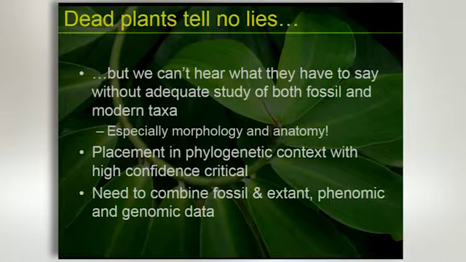And so really what we need to do, and I know a lot of us are already doing this, it's just such an important thing. We're at this point now where we really need to combine both the fossil and extant data. We need to combine phenomic and genomic data in order to get to the next level of synthesis and understanding.